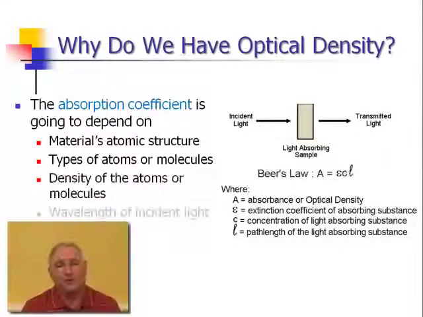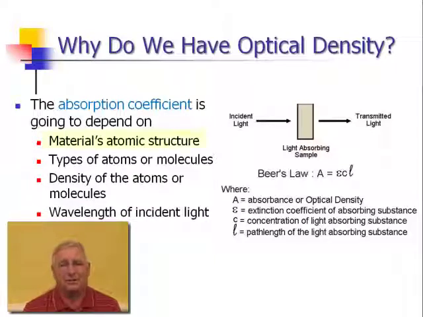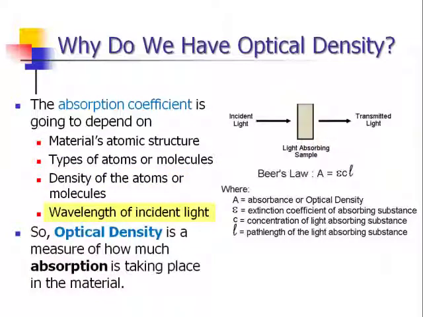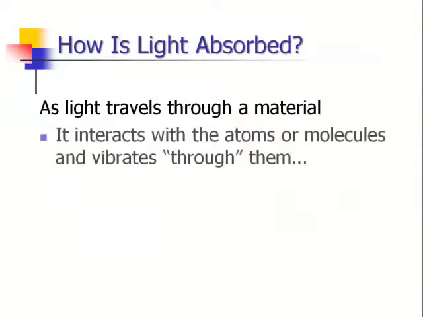The absorption coefficient of the material is going to depend on many things also. It's going to depend on the material's atomic structure. It's going to depend on the types of atoms or molecules, the density of the atoms or molecules, and the wavelength of the incident light. So optical density is a measure of how much absorption is taking place in a material.